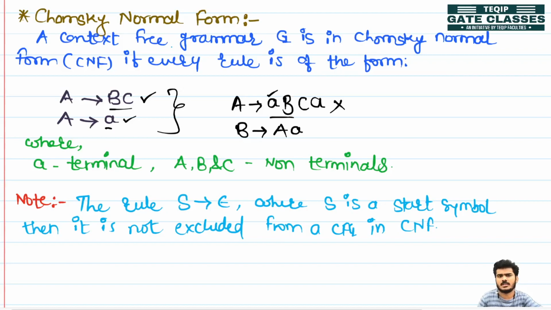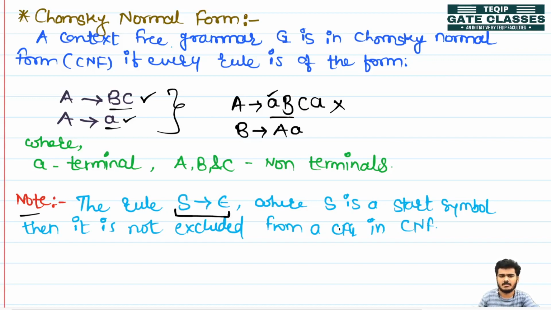non-terminals or one terminal. And remember one thing: the rule S produces epsilon, where S is the start symbol, is not excluded from CFG in CNF.